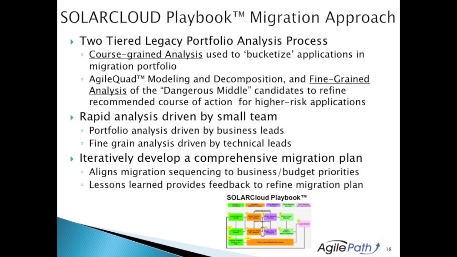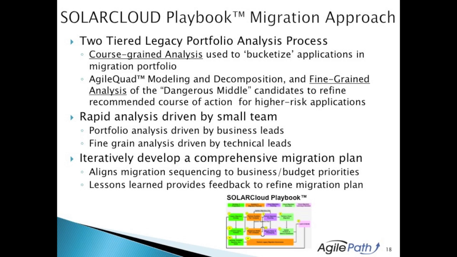The end result, you want to develop a comprehensive migration plan for the portfolio as a whole. That needs to be aligned with the business priorities and the budget priorities. You're not necessarily going to be able to do a big bang, nor is that really the right thing to do in most cases. You want to do an iterative process.